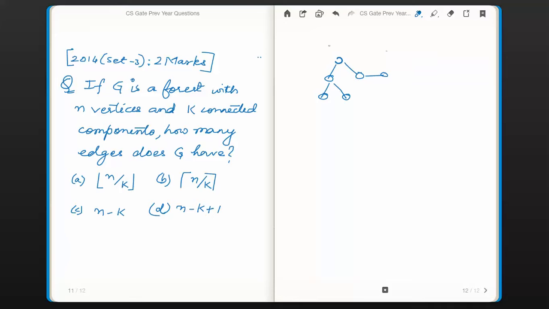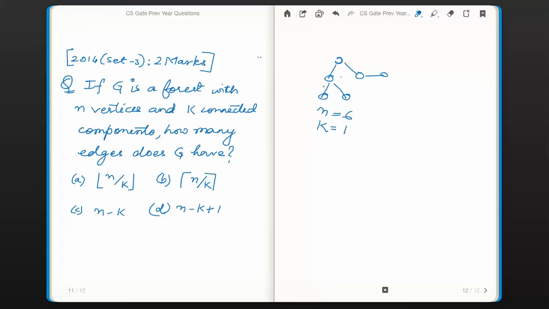That means in this forest we have a single tree, right? So here the value of k is 1 connected component, or in this case a single tree, so k is 1, and the number of vertices here is 1 2 3 4 5 6, so n is 6.